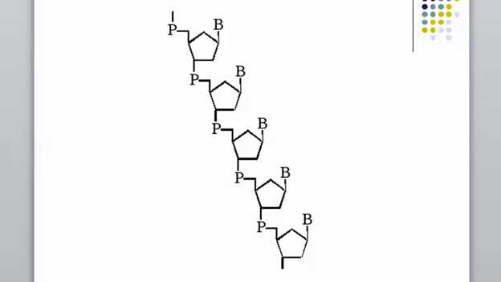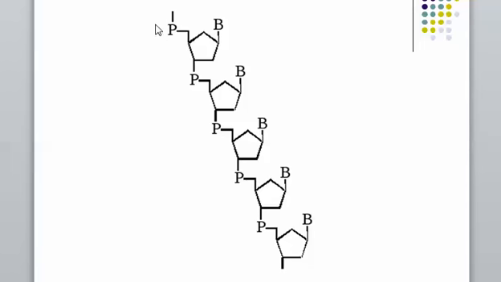Here is another shorthanded representation of the DNA or the RNA foundation. And the B is representing the base, and then we see the 5-membered ring, which is the sugar. Notice there's no OHs drawn on them at all. And then we see the phosphorus that connects all of the pieces together.